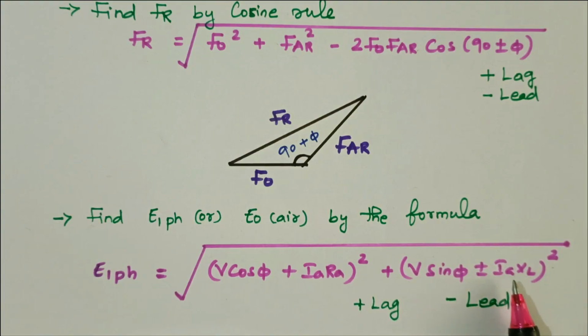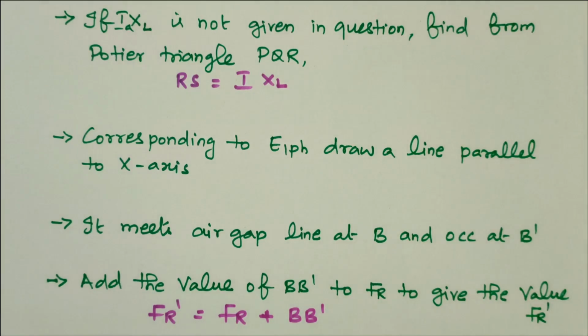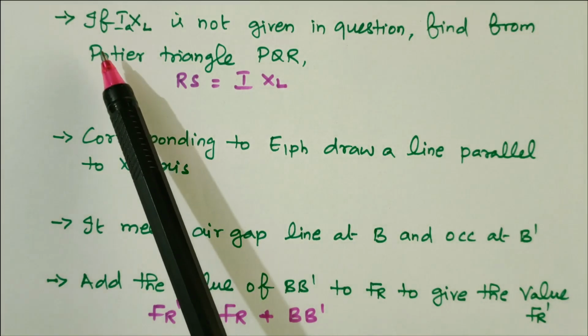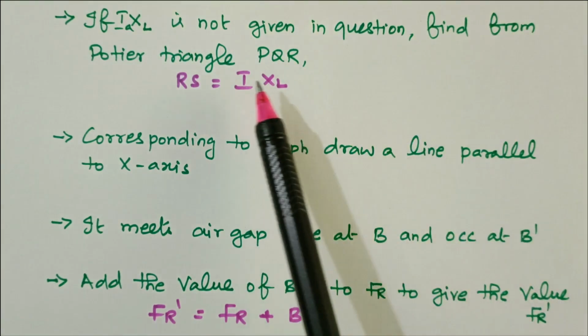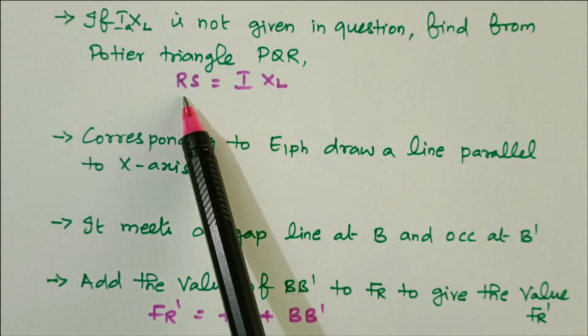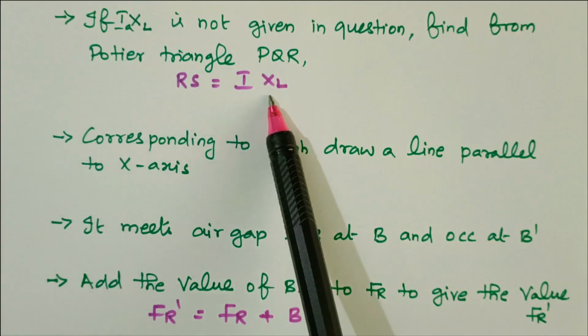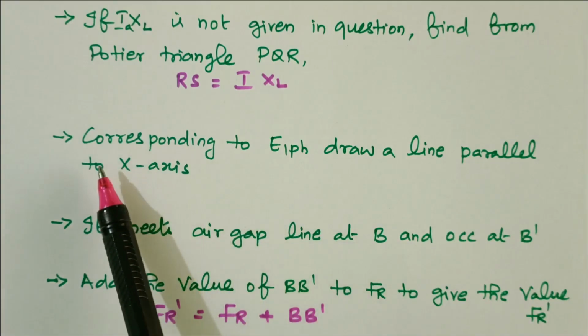Using this formula we can find E1 phase, where plus refers to lagging power factor and minus refers to leading power factor. If IA XL is not given in the question, we can find it from the Potier triangle PQR, where RS equal to IXL.